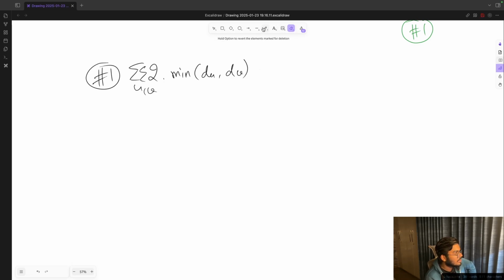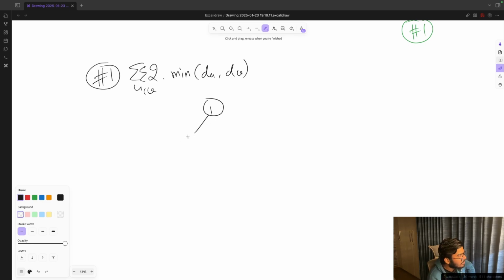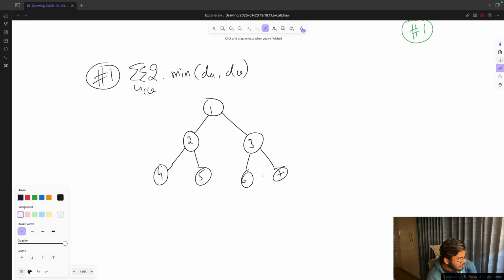Let me, how do I even explain this? Let's say we have a tree 1 2 3. Let's make a complete tree only. 4 5 6 and 7, right? Let's say you have a tree like this.